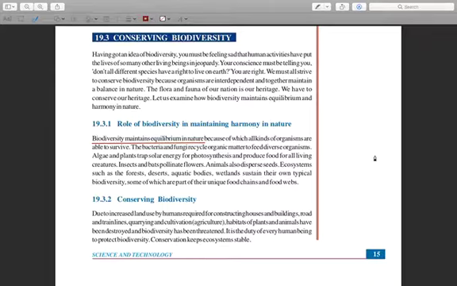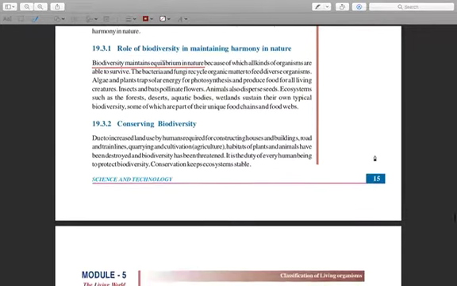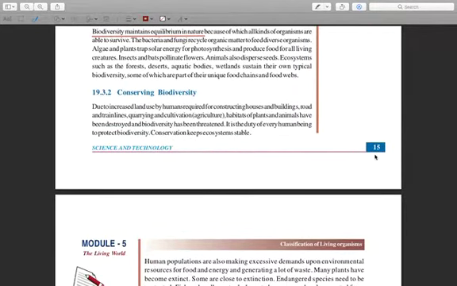This is because without this, for example, if we take a lot of fish from the ocean without any gap, then there will be no reproduction. Then it will affect the balance in nature. So there should be a balance.